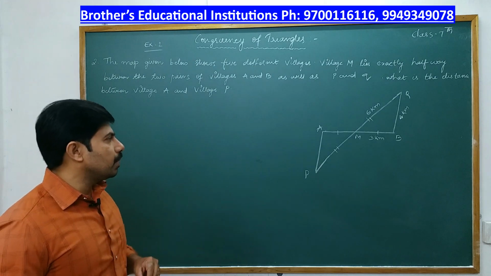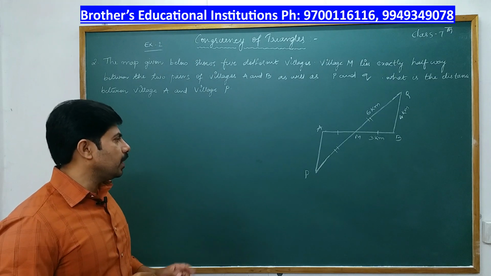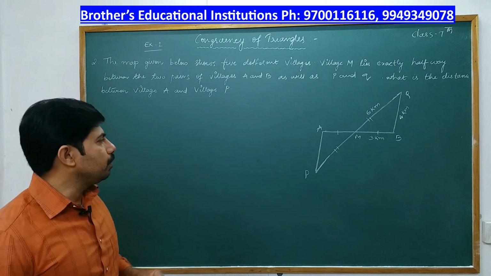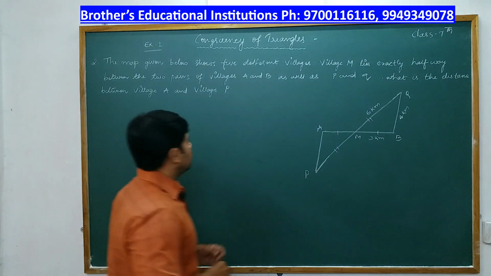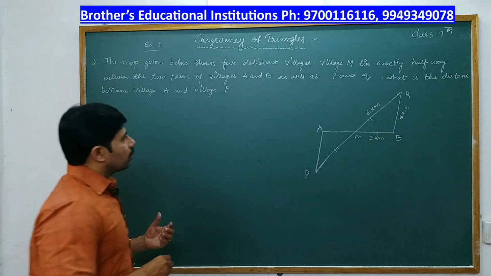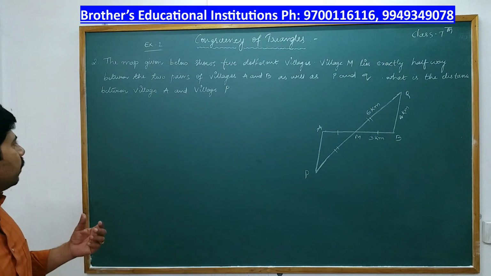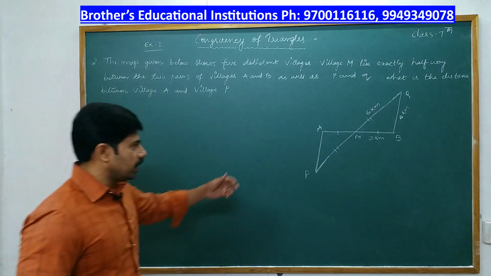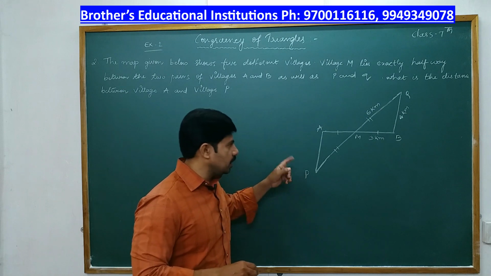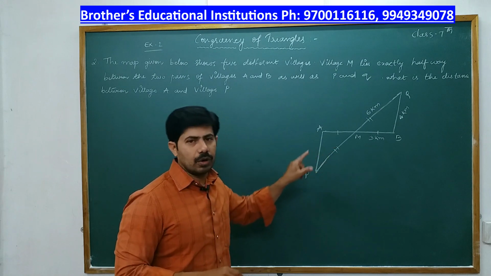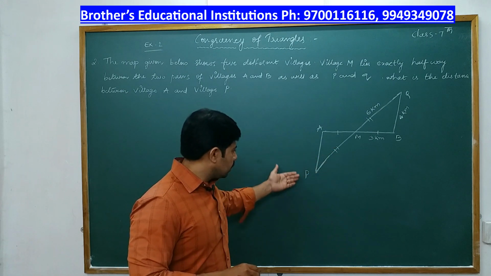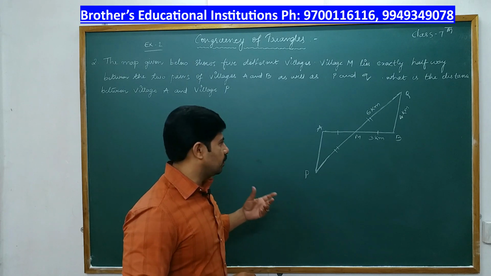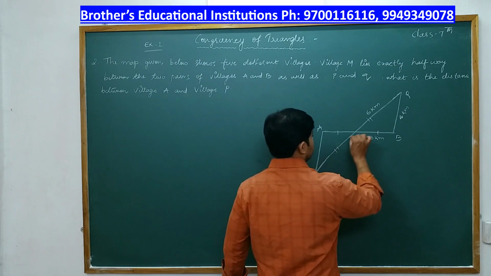And in order to find the distance between village A and P, we need to prove the two triangles congruent.